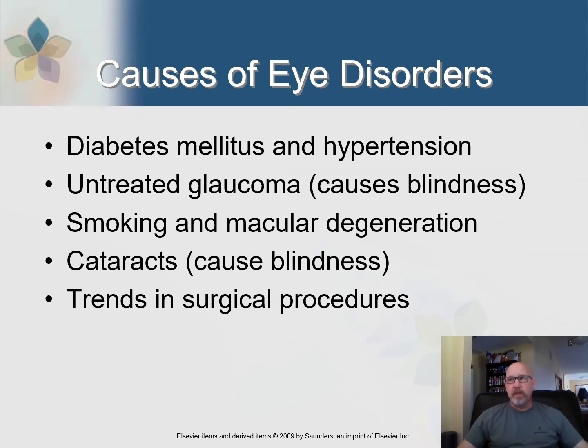Smoking, age-related macular degeneration occurs, and of course cataracts can occur with aging, and you may need various surgical procedures. There are things you can do for the eye. There's actually vitamins you can take. There's vitamin packs as you get older that are made specifically for the eye. So nutrition is an important aspect of eye health.